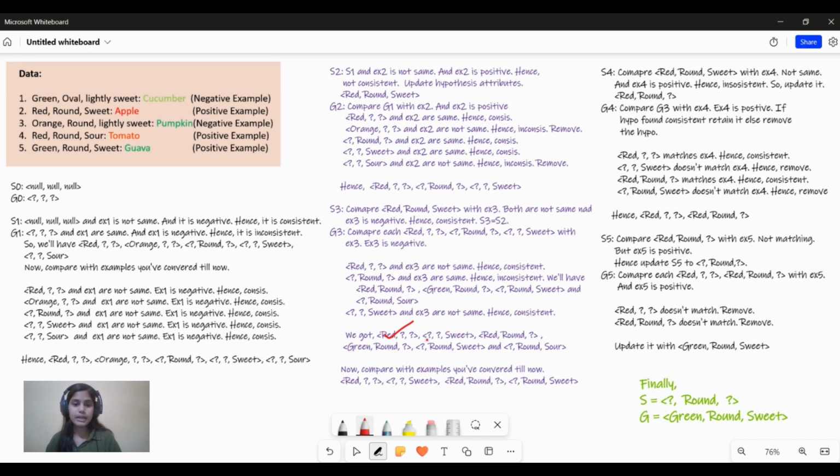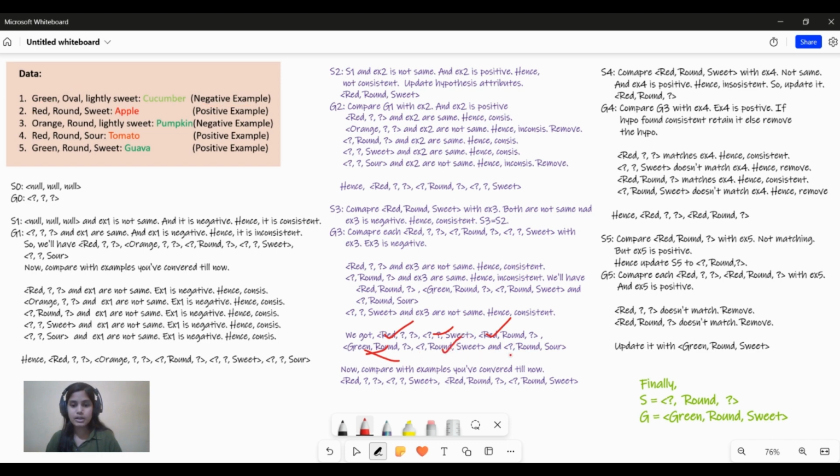Now let's compare the next hypothesis, question mark, round and sweet. Question mark covered, round not there, but as it is a negative example, it is consistent. Next, question mark covered, round covered, sweet covered, as it is positive, it is consistent. Now question mark covered, round covered, sweet not covered, but as it is negative, it is consistent. So we will retain this hypothesis.